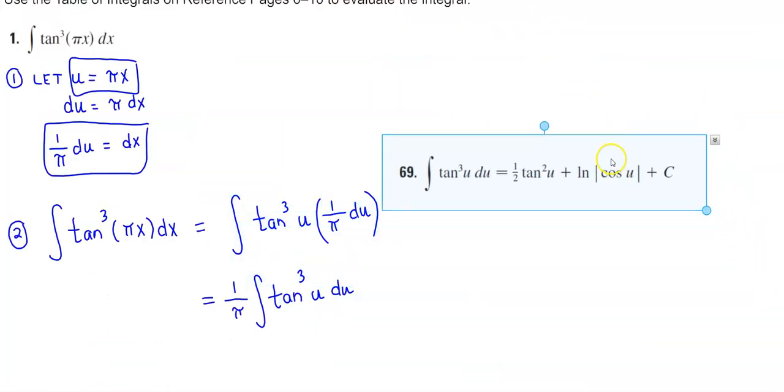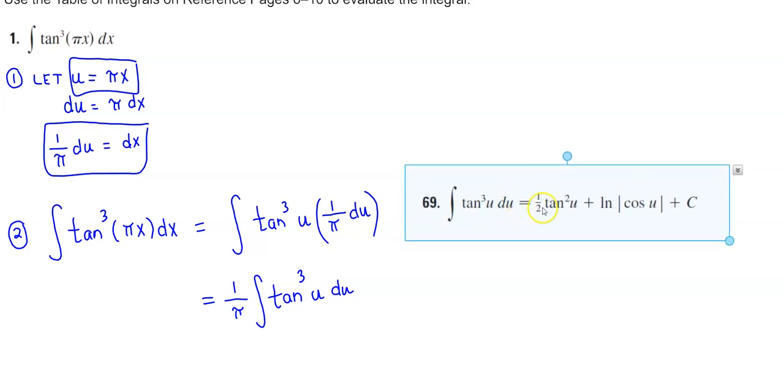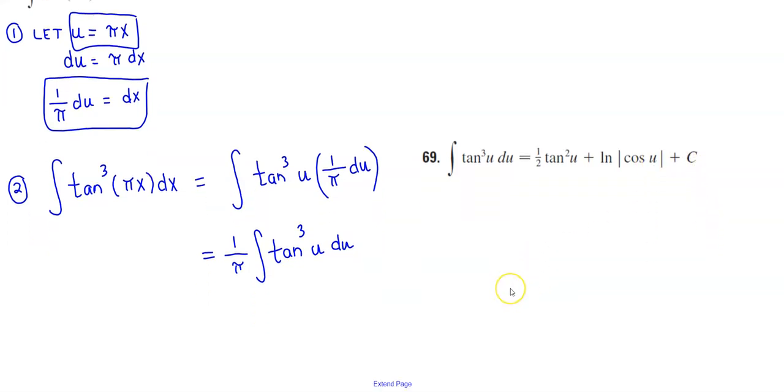So we know that this is what tangent cubed u is. That's equal to 1/2 times the tangent squared u plus the natural log of the absolute value of cosine u plus c. So we're going to do the following.